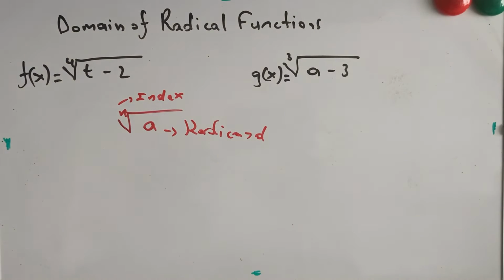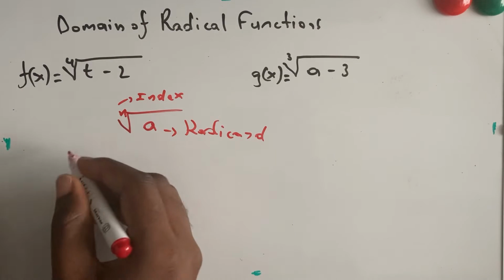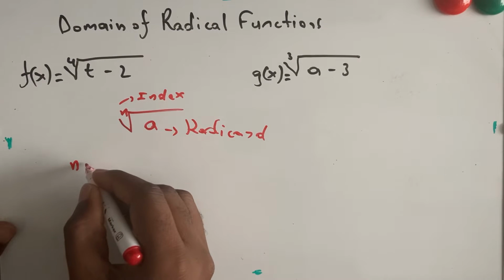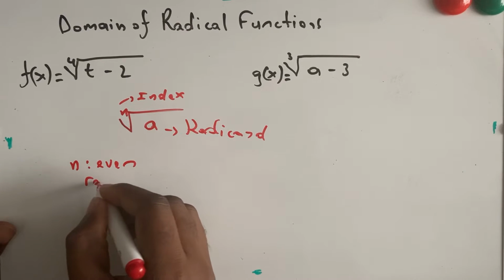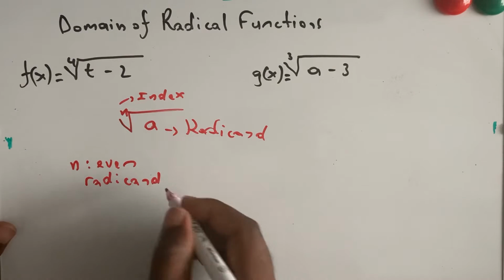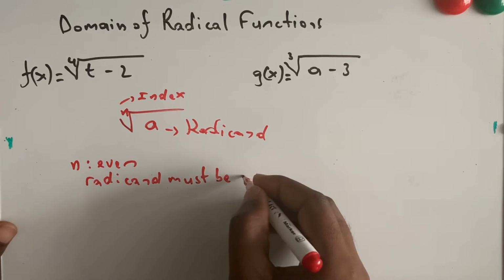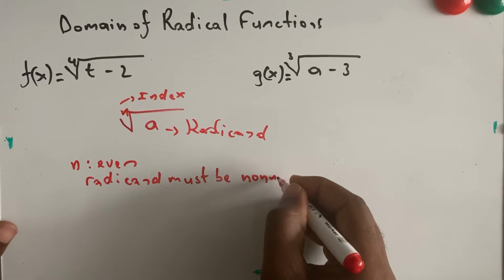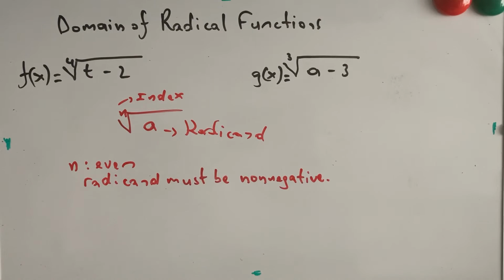So if n is even, therefore the radicand must be non-negative. Okay, the radicand must be non-negative anytime n is even.